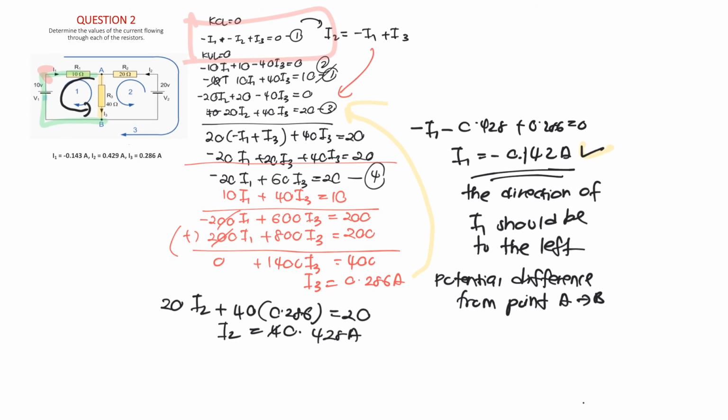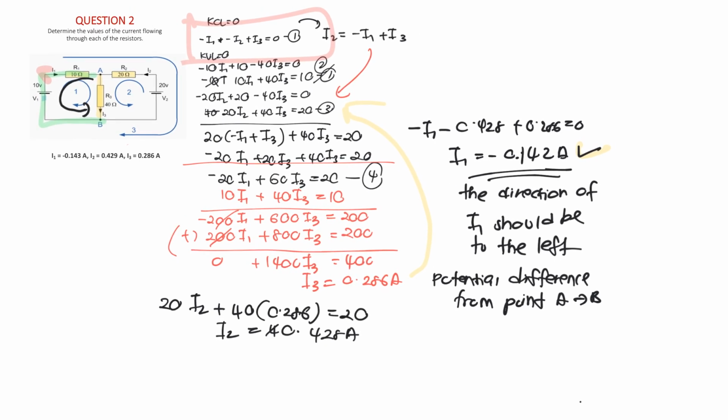I'm going to find the potential difference with the green path first. I'm going to start with the 10. My true direction of I1 is to the left, so my assumed loop and my correct direction are in the same direction. Therefore, I'm going to get negative 10 multiplied by I1. I already have the I1 value there, 0.142.